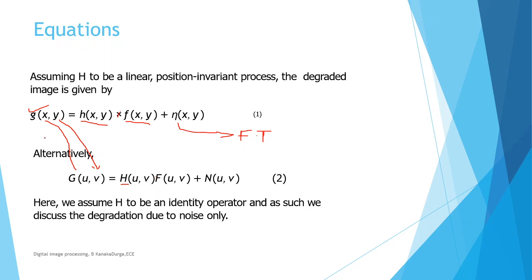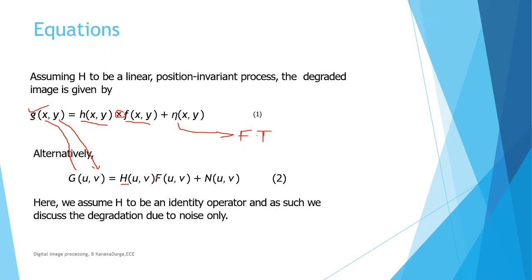Since the image has been passed through the block of the degradation model, it is going to have the convolution property. Once it is a convolution in the time domain, it is converted to multiplication in the frequency domain.